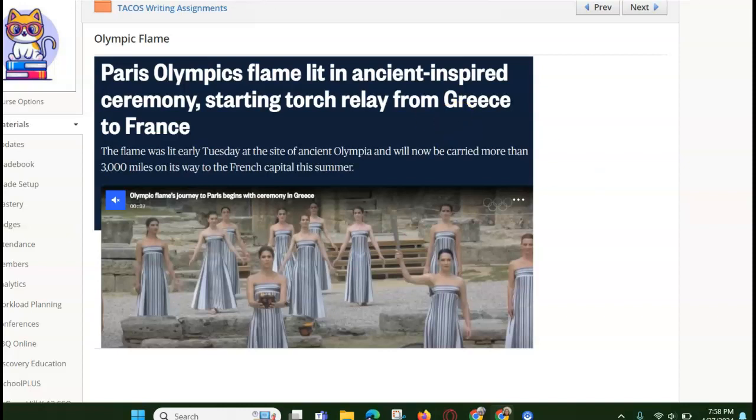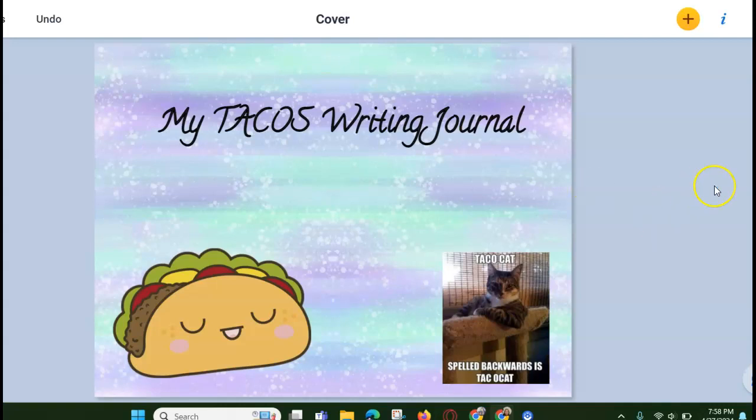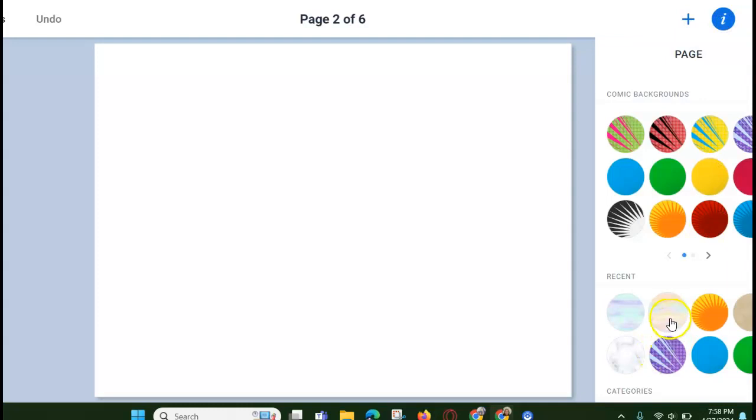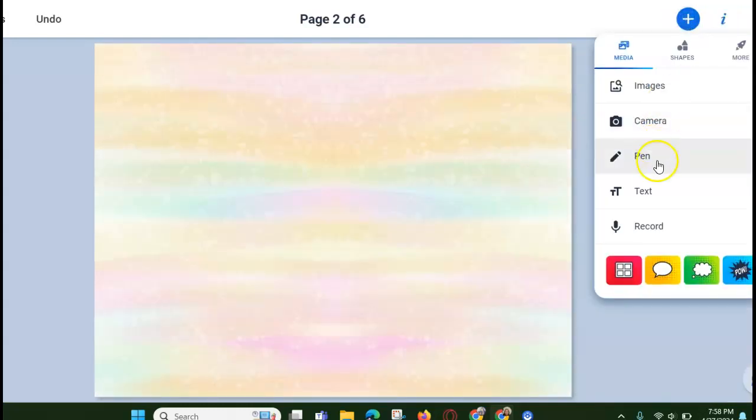You will make sure that you are in the TACOS library. You will go to your journal. You'll create a cover, and then you will go inside of your book. Now, you are free to decorate the book any way you want to. Add a nice background, but you do need to follow the TACOS format.